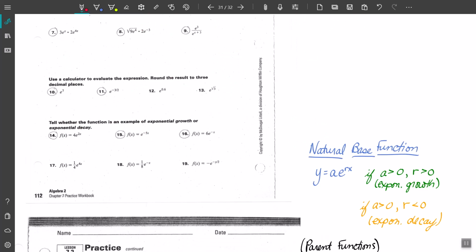Okay, so now we're going to be learning about the natural base functions. You can see examples of those at the bottom of the page, 14 through 19, and they are going to take the form over here, y equals a times e raised to the exponent r times x.